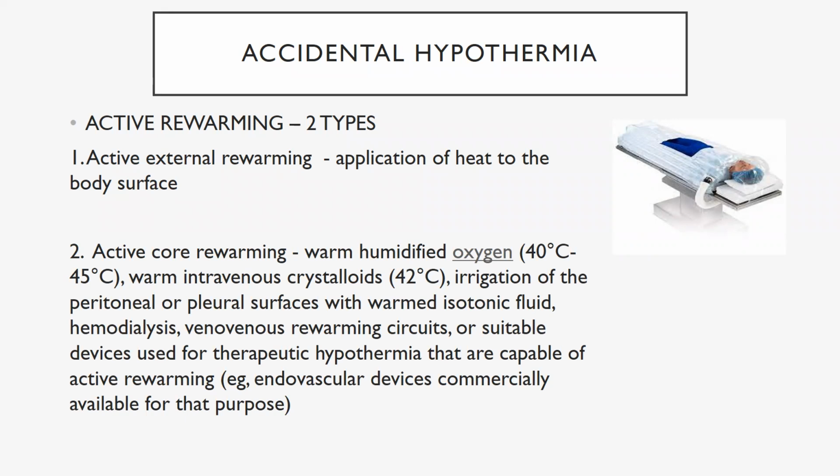In certain cases of refractory hypothermia, I actually saw videos where they put in chest tubes and constantly irrigated the chest tube with warm fluids to warm up the core. They would put in 2 chest tubes, and there's warm fluid running through them.